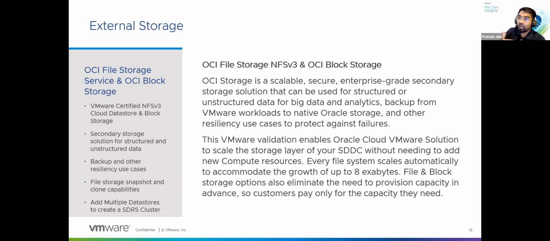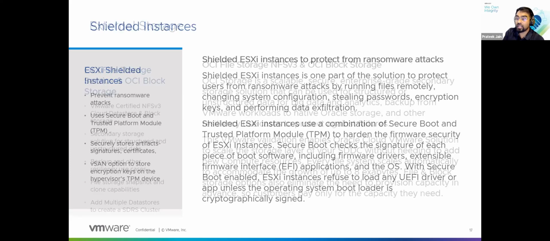If you do not need to add another host in the cluster just to consume vSAN storage, you can add a file level data store, an NFS data store, or a VMFS data store from OCI, and save the cost as compared to adding a node for storage. So you can look at that. That's one of the features that OCVS has.